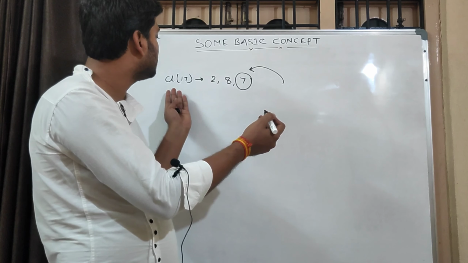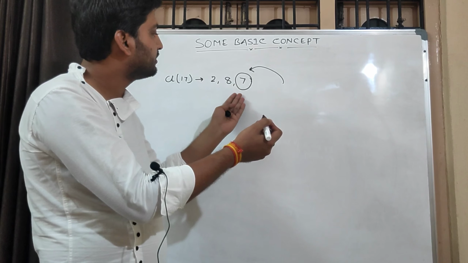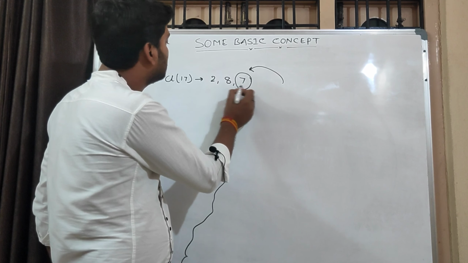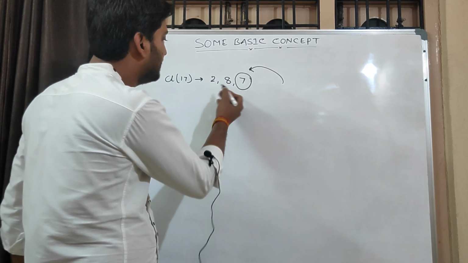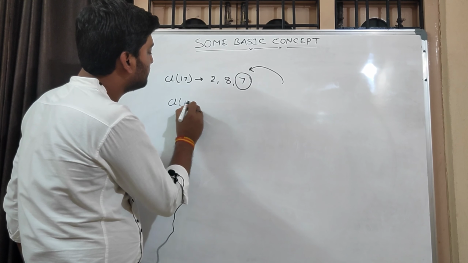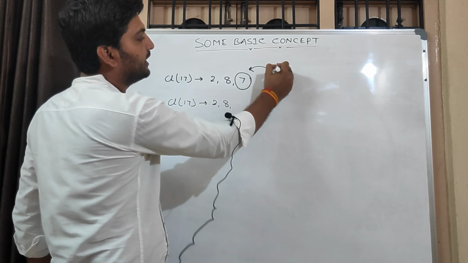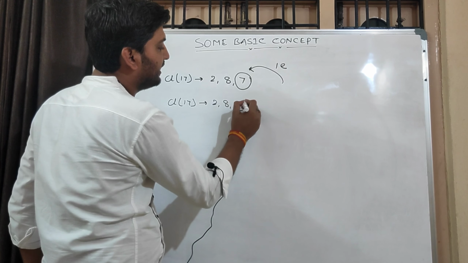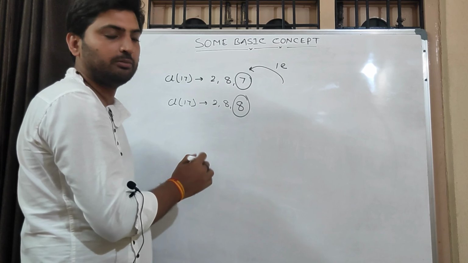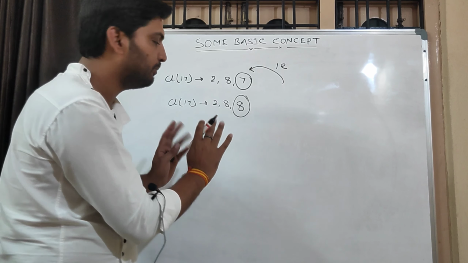So if sodium donates one electron to chlorine, the number of electrons of the chlorine will increase. Now, what is the number of electrons in this 2, 8, and one electron from the other? So it will become again 8. Now the valence electron is 8, meaning the chlorine became stable.